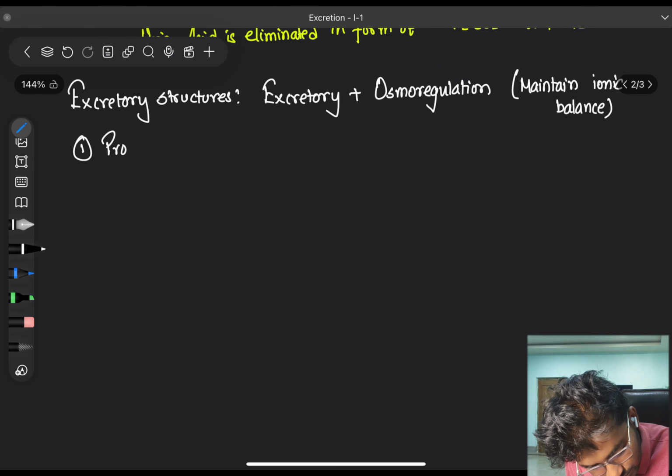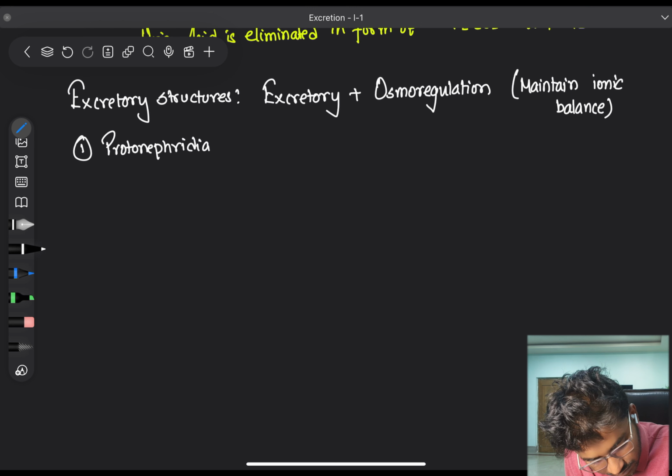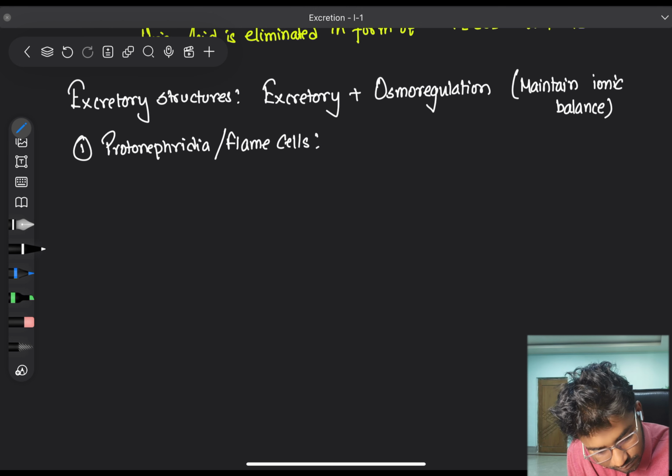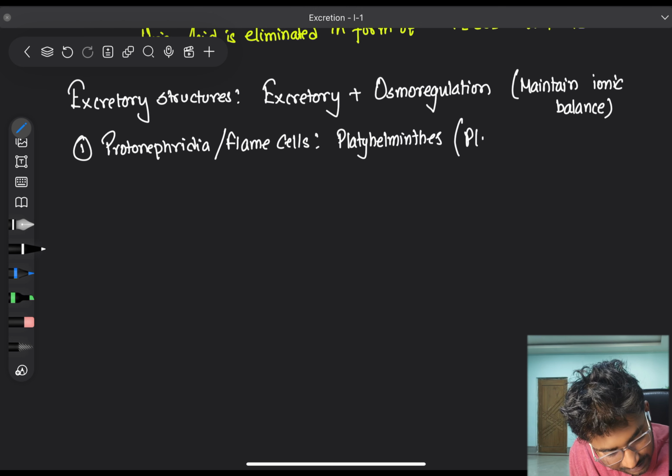Protonephridia or flame cells: found in Platyhelminthes, that is planaria.